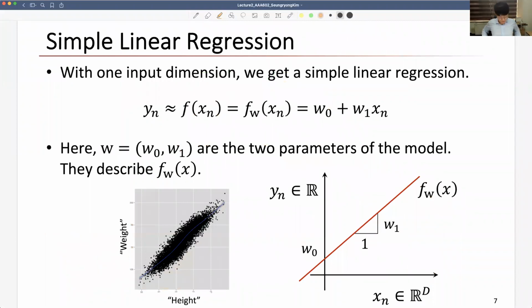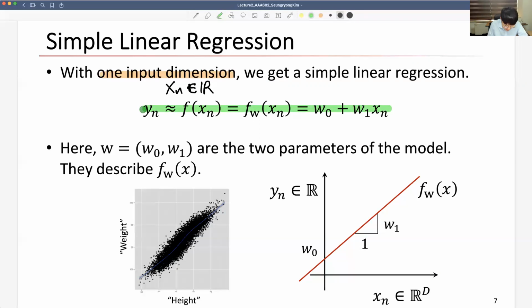Okay, so let me start with a very simple example. If we just think about one input dimension, in case xn is just in scalar space or just a real space, then we get a very simple linear regression mapping function, defined like this, right?